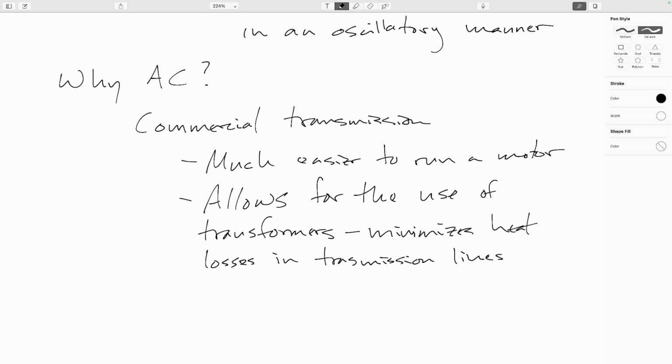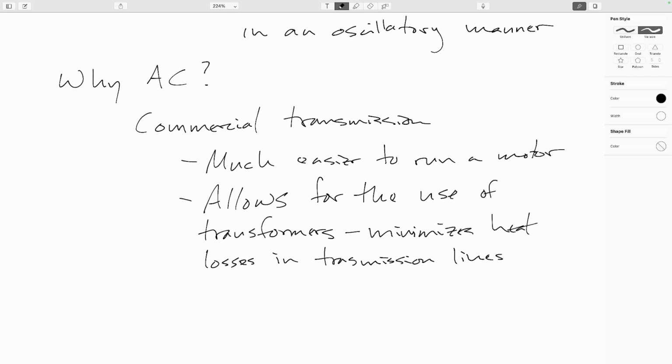These generators wouldn't be very efficient. Generally speaking, the bigger you can make an electrical generator, the more efficient it is. So these power plants wouldn't have been very efficient, and just the voltage losses for even short runs at comparatively lower voltages just were not tenable.